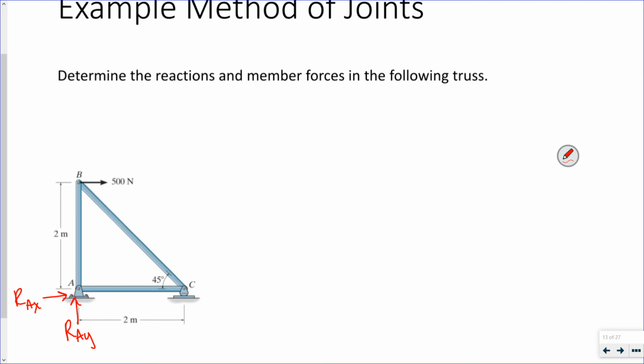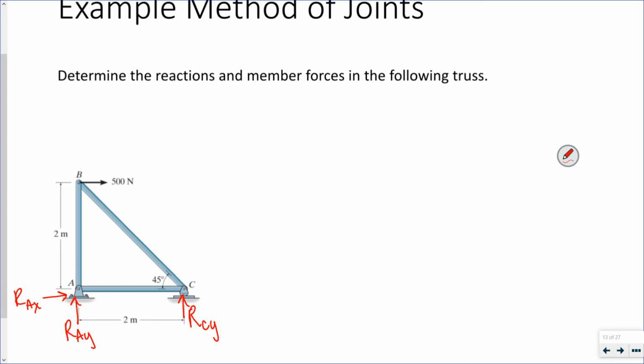C is a roller, so I only have a vertical reaction. You can probably from this conclude what RAX is, but let's pretend.